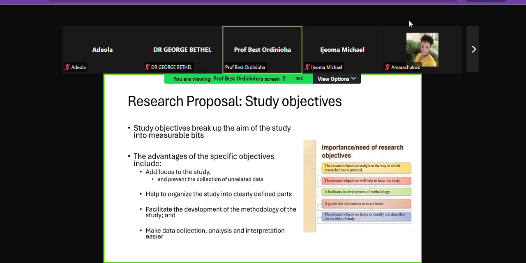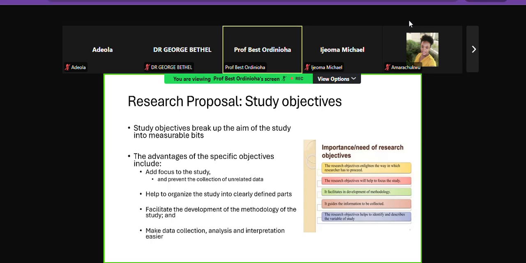We may probably change the topic to knowledge, attitude, and hand washing practices of mothers. Just to make sure that you recognize the fact that the objectives should include knowledge, attitude, and practice.